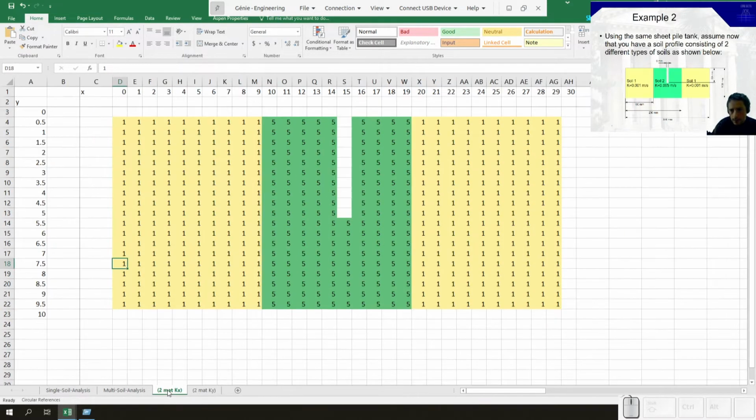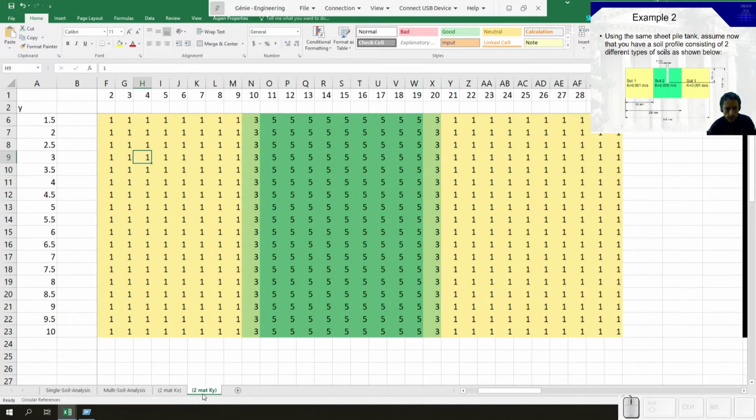In the case of kx, let's examine again. Notice that here we have one row less than we have nodes, and in the case of ky, we have one column less than we have nodes.